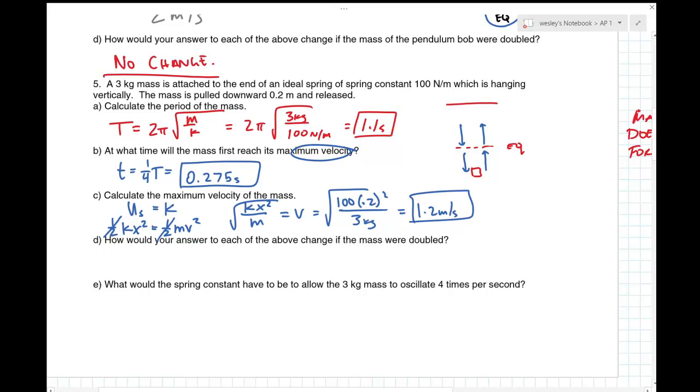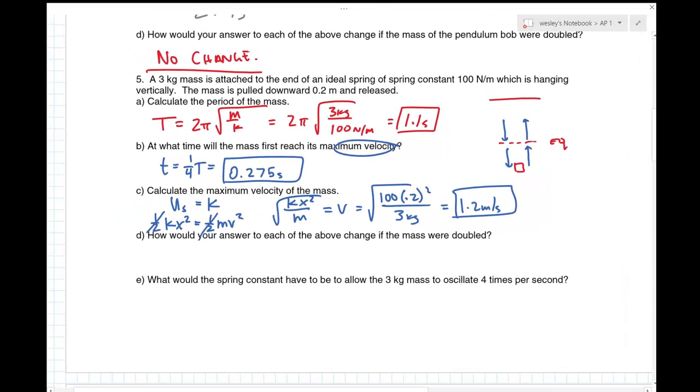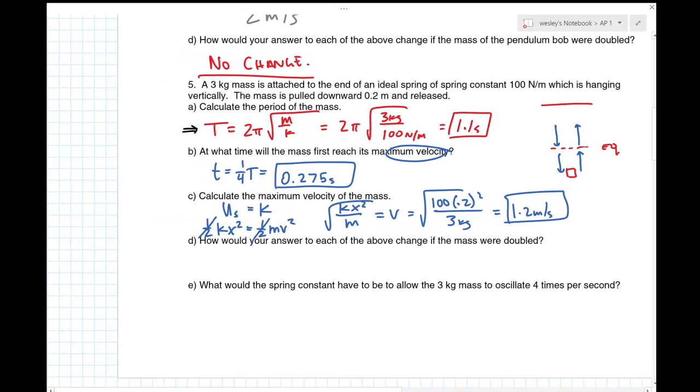Now, what happens to each of these when the mass is doubled? Looking at the period, it increases when the mass is doubled. My initial period is 2 pi times the square root of m over k. My new period is going to be 2 pi times the square root of 2m over k. We're doubling that mass.